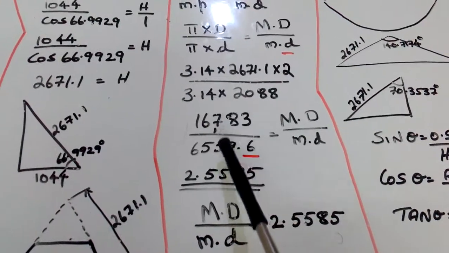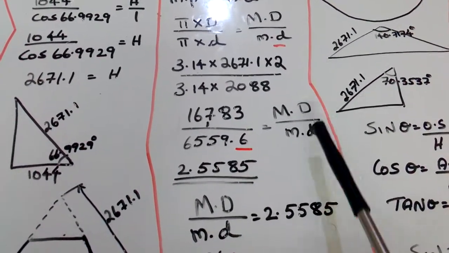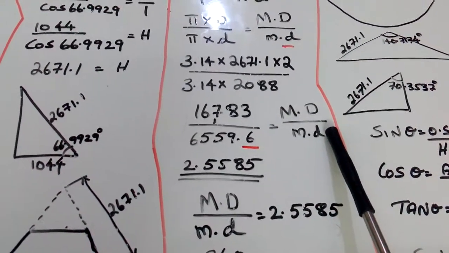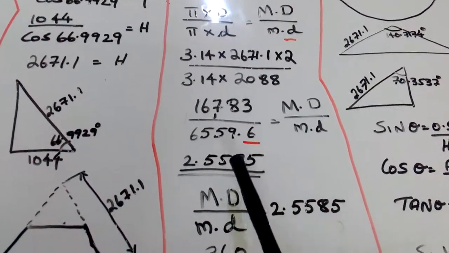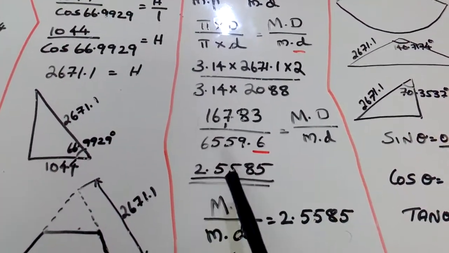Whatever we get from this measurement, that will be the same measurement we get when we divide this measurement with this measurement. So if its answer is 2.5585, this measurement's answer also will be 2.5585.